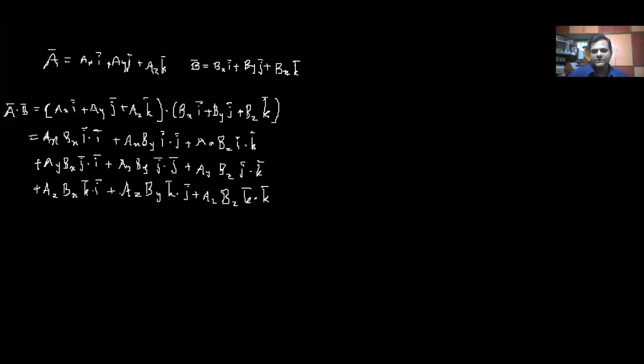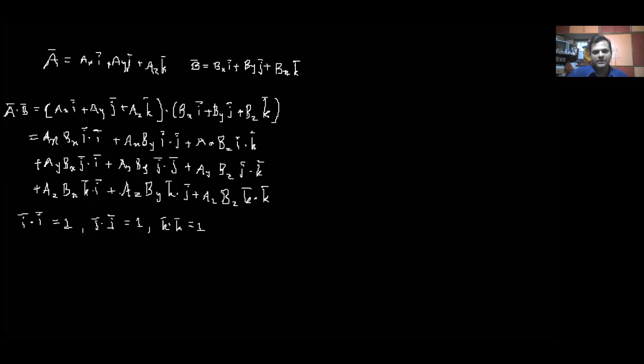Now, according to the definition of dot product, we have seen that i bar dot i bar is going to be 1. j bar dot j bar is also going to be 1. Then again k bar dot k bar is also equal to 1.